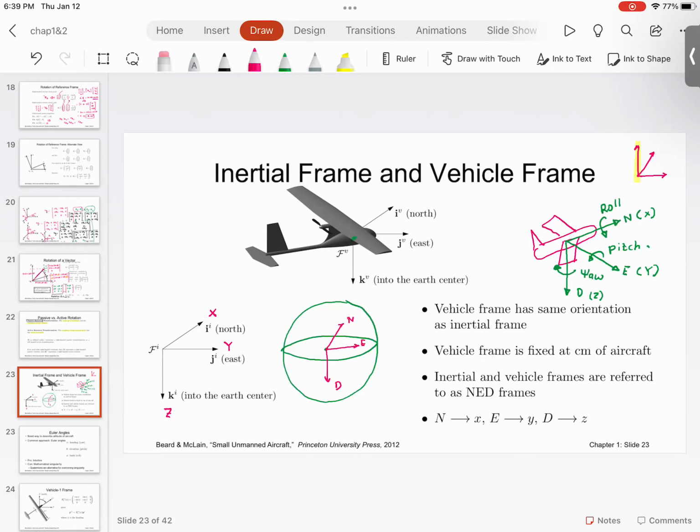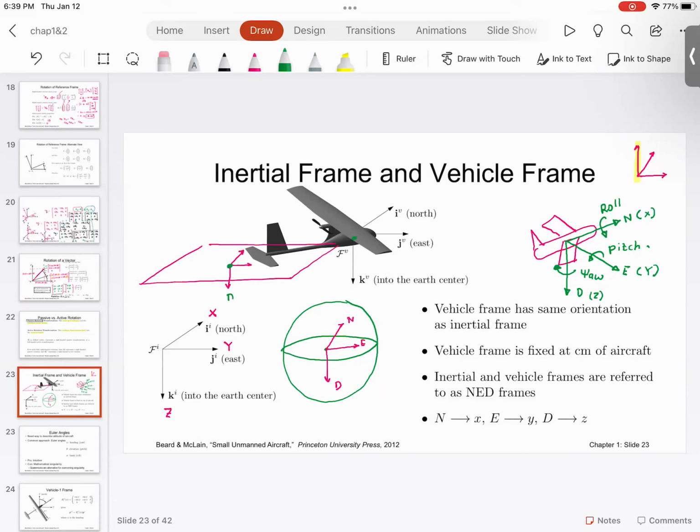If I were to make a flat earth assumption, that means this spherical earth is something like a flat surface, and on this flat surface I have this frame north, east, and down, and this frame is fixed to the earth.